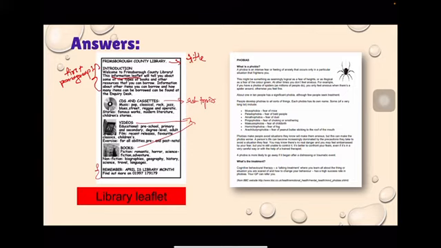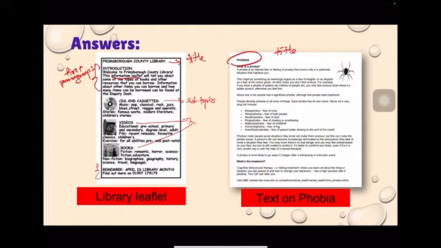Now, how about the article on the right-hand side? Yes, it is a text on phobia. How do you know? Very quickly, you just have to scan for the title. And then you read through the subtopics.